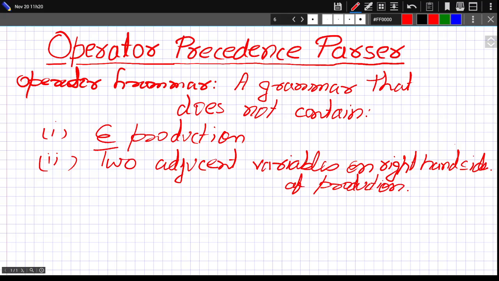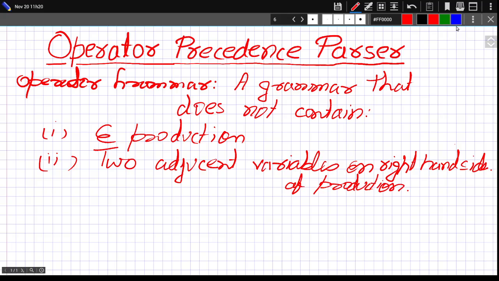So one thing that you have to understand is operator grammar will be that grammar where you don't have an epsilon production, lambda production, and you don't have two adjacent variables. Variables means non-terminals on the right hand side.